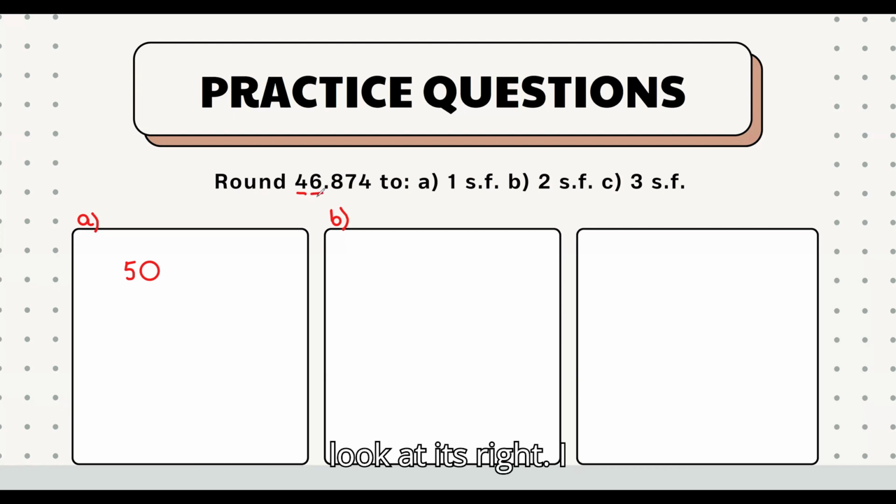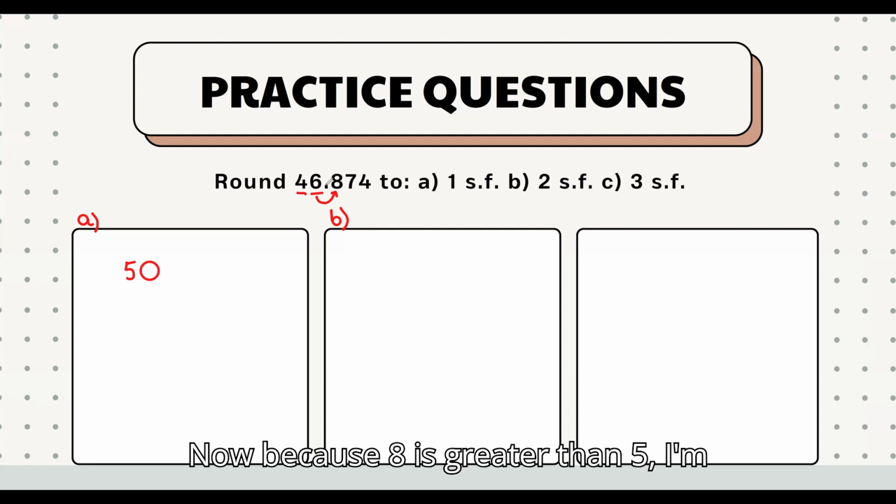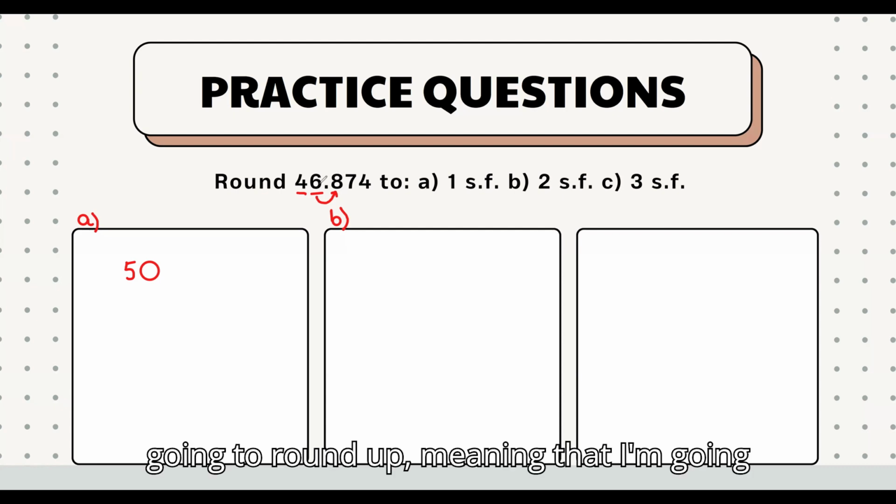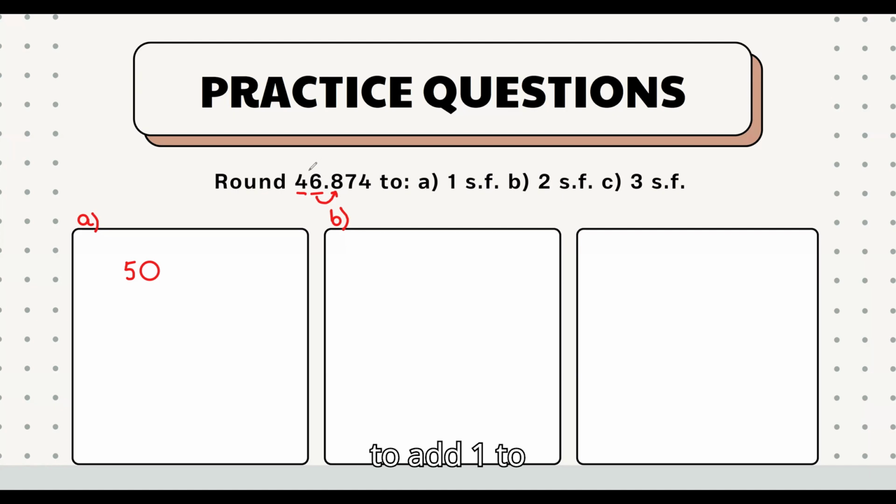Then I'm going to look at its right, where I have 8. Now because 8 is greater than 5, I'm going to round up, meaning that I'm going to add 1 to 6. So my answer is going to be 47.